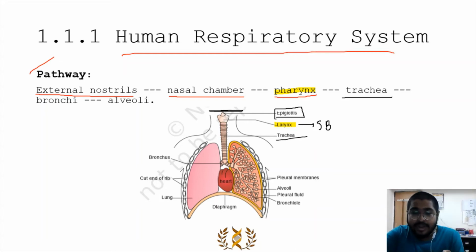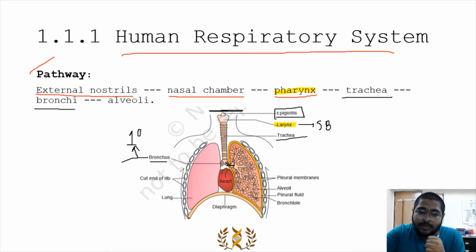And then from the windpipe, it goes to the bronchi. Bronchi, or bronchus in the singular, is where the trachea divides. Bronchus is of three types. The first one is the primary type. Primary is the first division. This one is the primary bronchi.